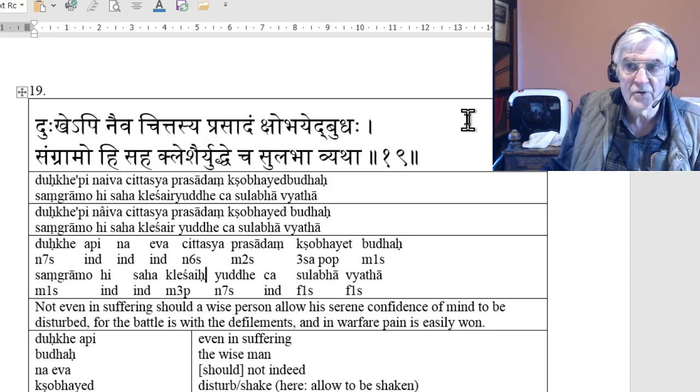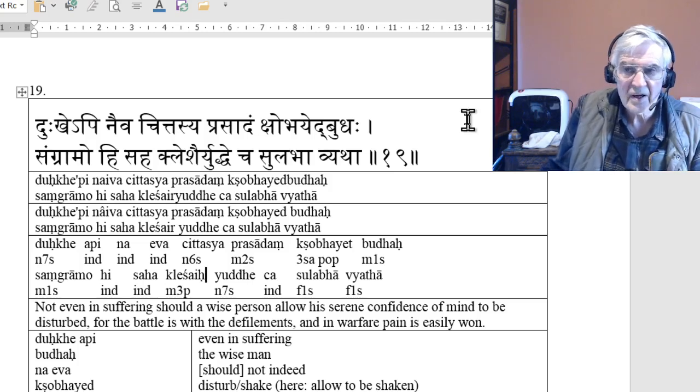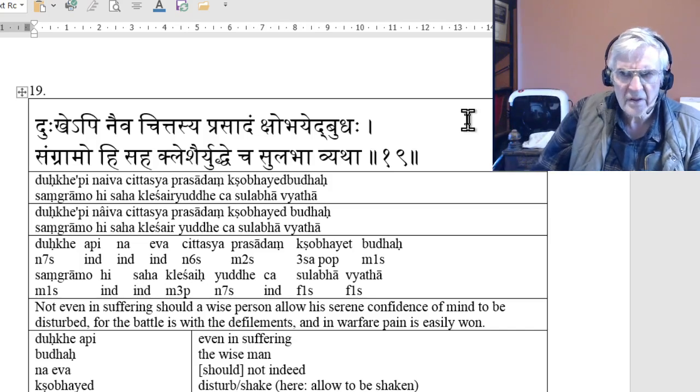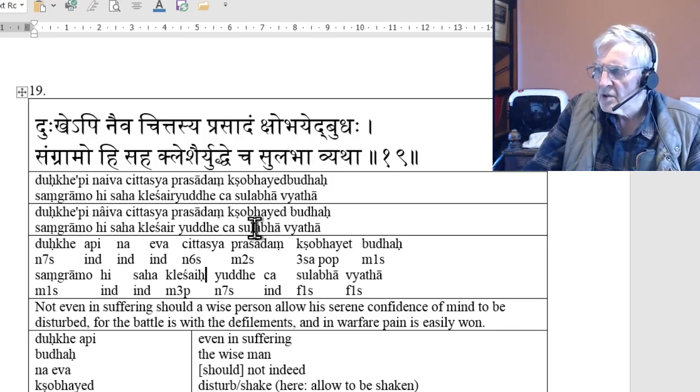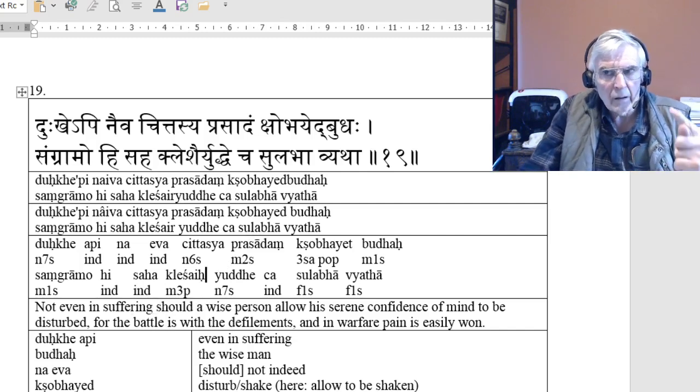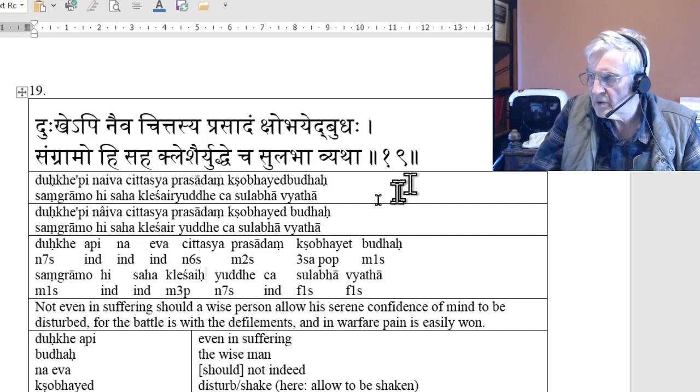So with the defilements, you'd more often see kleśaiḥ saha rather than saha kleśaiḥ. But saha kleśaiḥ, of course, is perfectly correct, just slightly less usual. So, saṅgrāmo hi saha kleśaiḥ, for the battle is with the kleshas.